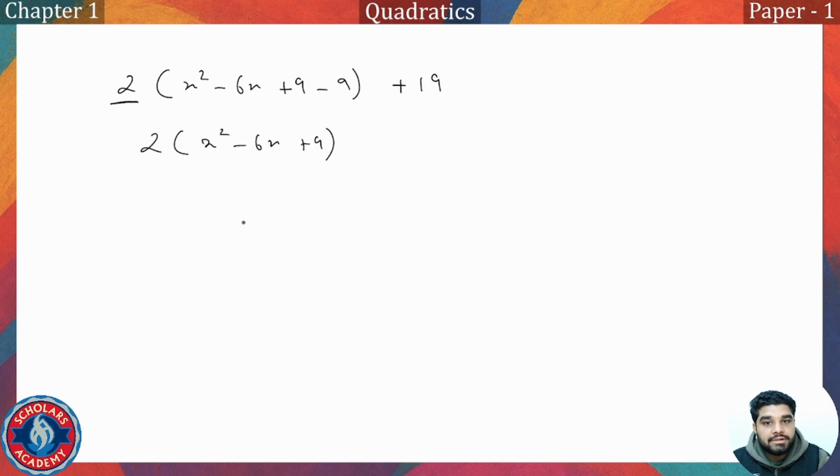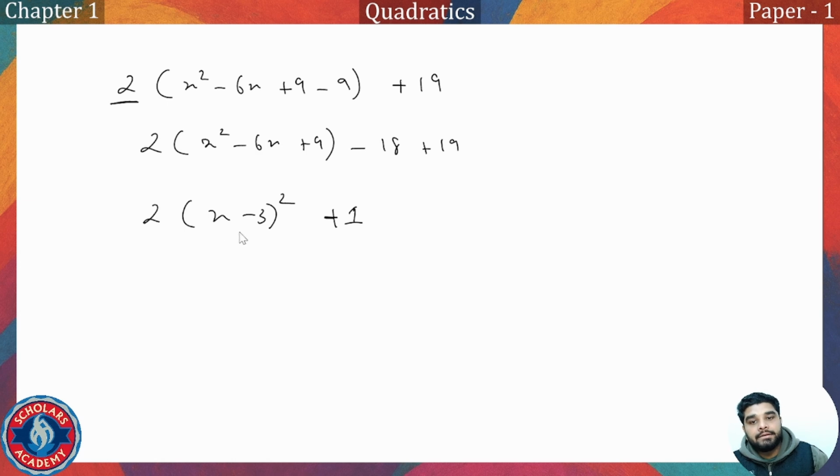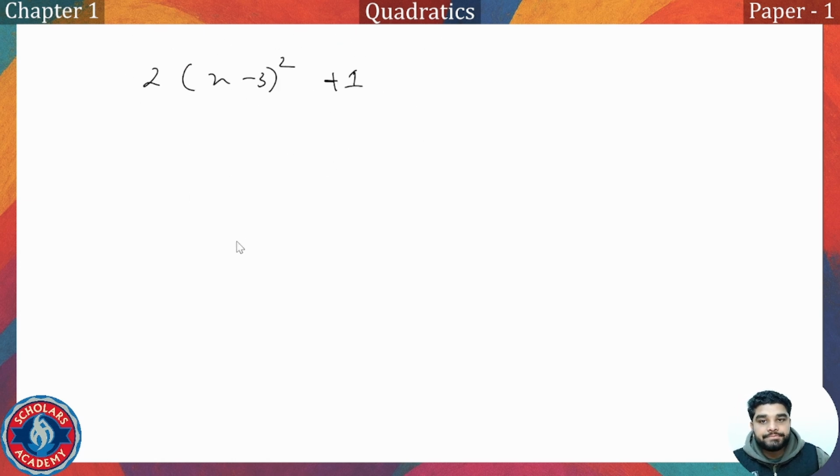This 9 going out, it is negative 9 twos 18 plus 19, right? So when I multiply 9 by 2, we get 18, that also negative. Now I can write it as 2(x minus 3) whole square and positive 1. Clear? I hope there is no doubt.